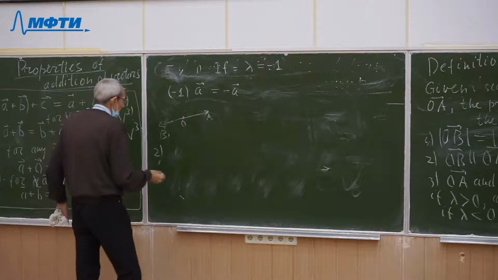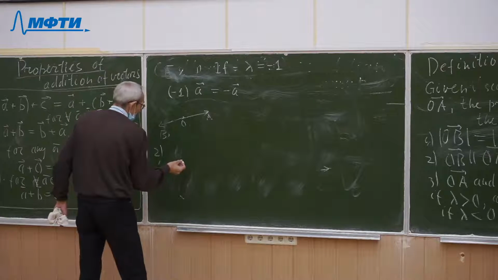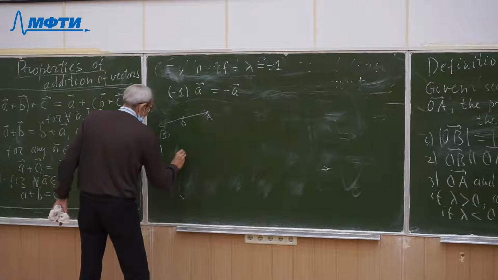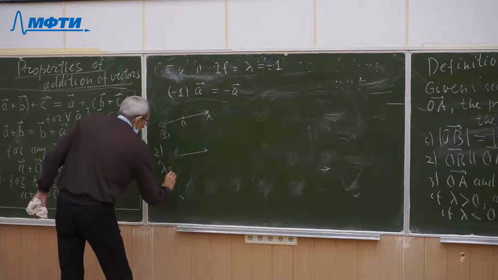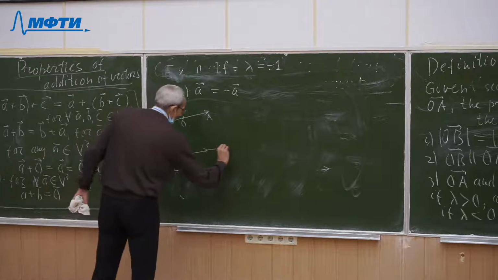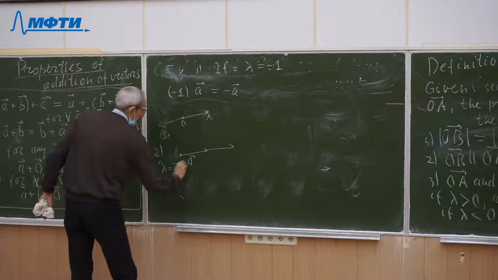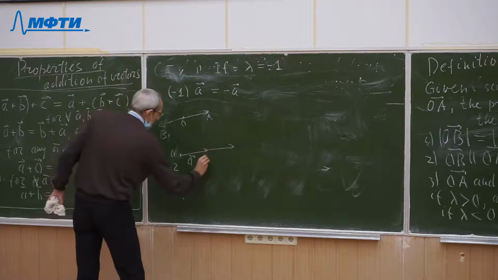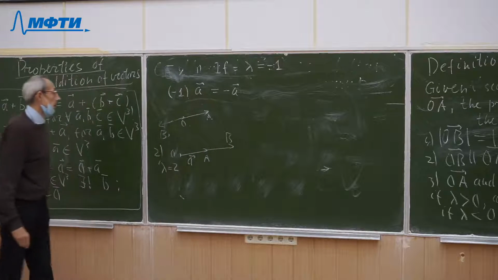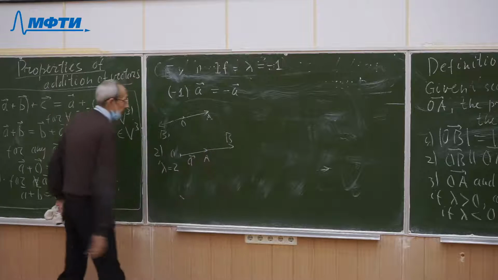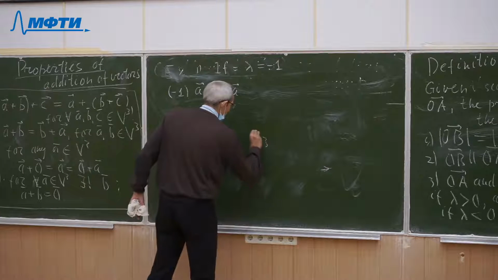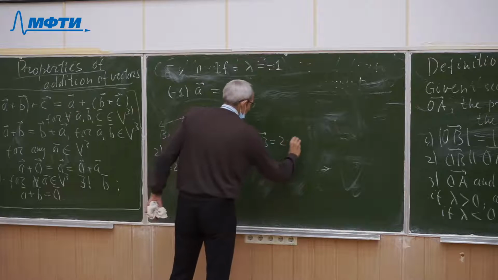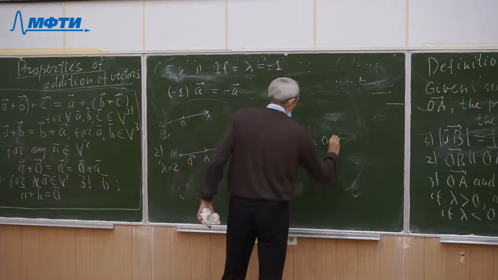As an example, if we have vector A and lambda is equal to 2, we have such vector OB equal to 2 times OA, and it is equal to OA plus OA.